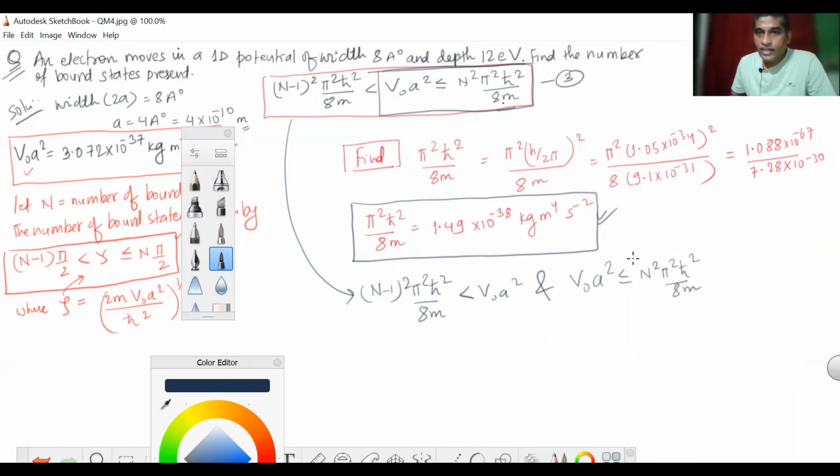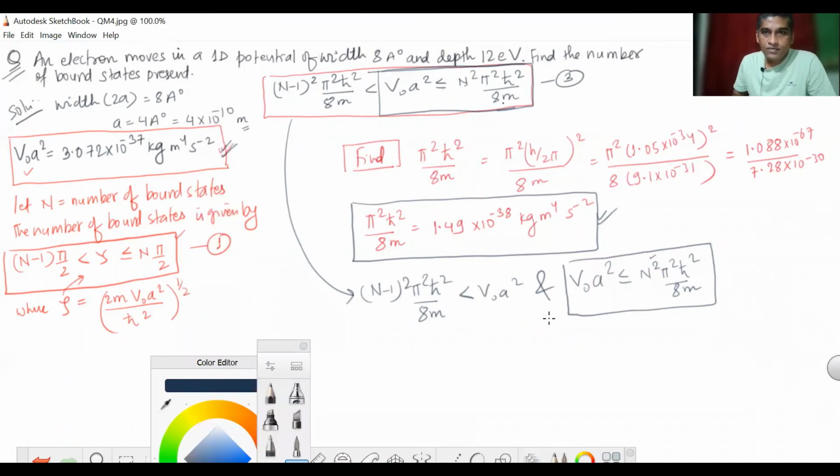So in order to find the value of n, we use this, clear. So we know V naught a square, V naught a square is taking this, okay, 3.072 into 10 to the power minus 37, and the unit is kg meter power 4 second power minus 2. Let us take the equality symbol, okay, because we have less than or equal to, so I'm taking equal.